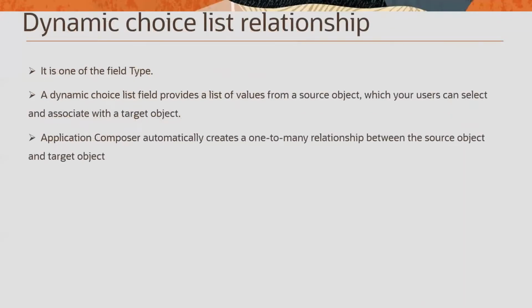And then the second one is the dynamic choice list. This is one of the field types. While creating fields for an object, we can create the type called choice list, and then dynamic choice list.